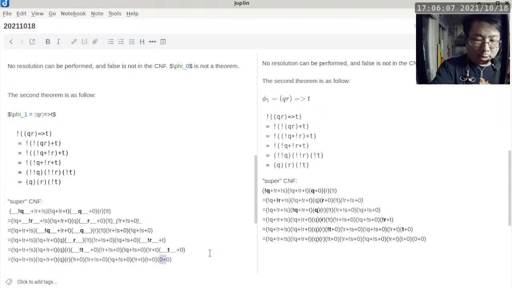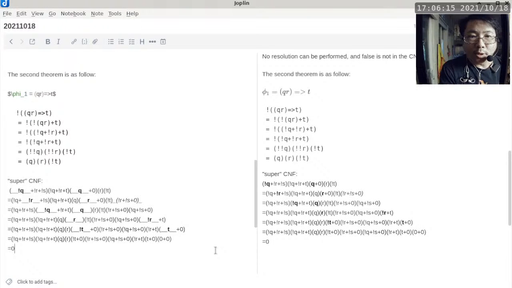But in a conjunction, if you have one single false, then the whole thing is going to be false. So now we can claim the whole thing is false, which means we're done with all the steps of resolution. In this case, because the super CNF can resolve to false, we can now make the conclusion.